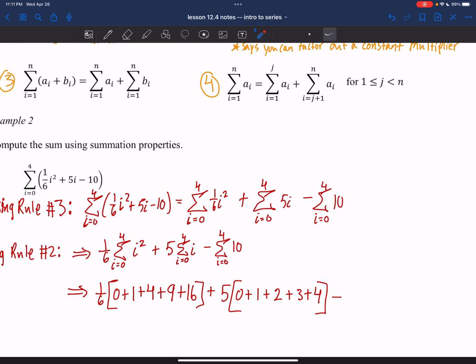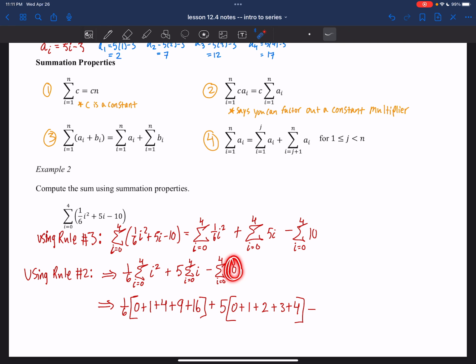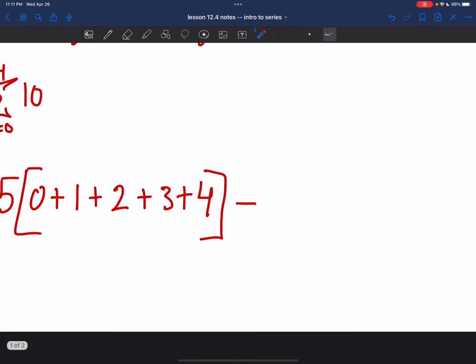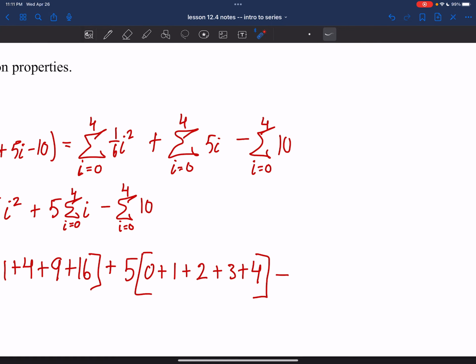And then notice that last one, minus, well, actually, if you come back up here, you see 10 is a constant. So we can use rule number 1 to evaluate that piece. Because what does this mean? It means I'm doing 10 4 times, right? This sum from I equals 0, 10, that just means 10 plus 10 plus 10 plus 10.